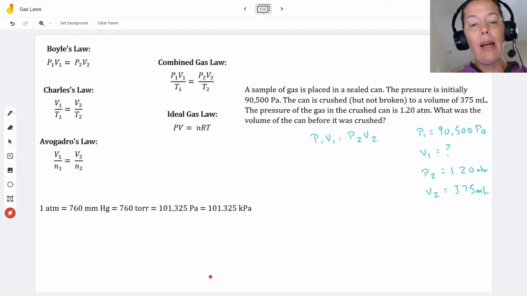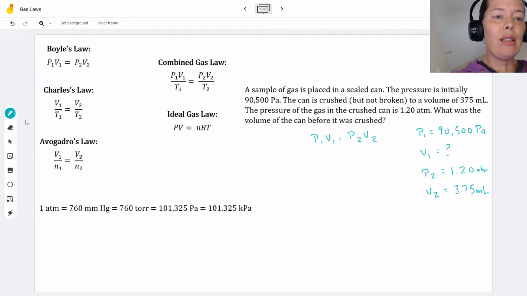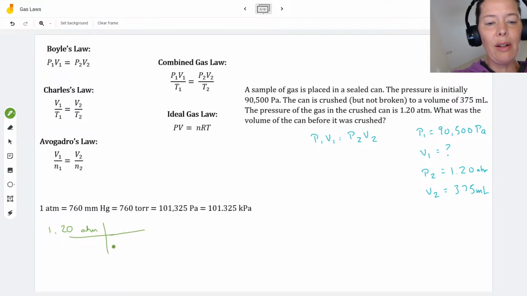101,325 Pascal. I'm actually going to do this conversion equation kind of off to the side here. So I have my 1.20 atmosphere, and I want to convert that into Pascal. So in 1 atmosphere, I have 101,325 Pascal.